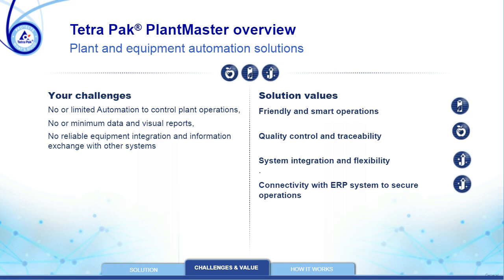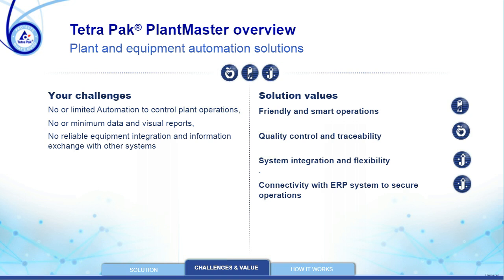There are some values which Tetra Pak PlantMaster can bring. First, friendly and smart operations. There is no manual input of recipe parameters, and the batch can be generated automatically. Second, quality control and traceability.